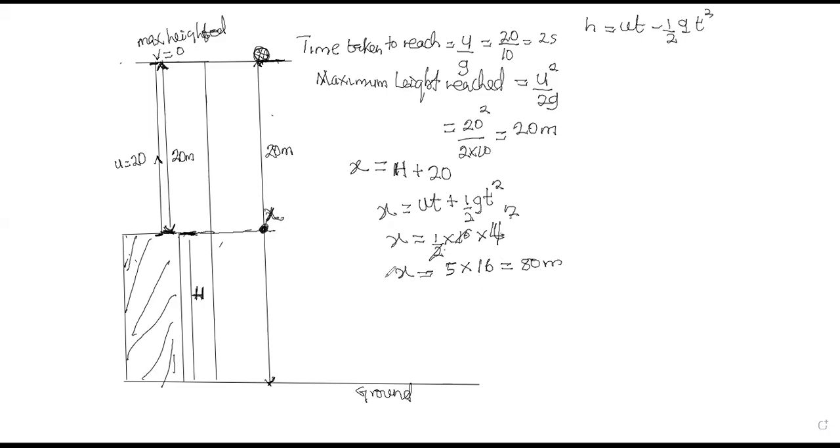So if x, which is the height from the maximum height to the ground, is 80, then the height of the tower represented by h will be equal to 80 minus 20. And this is equal to 60 meters.